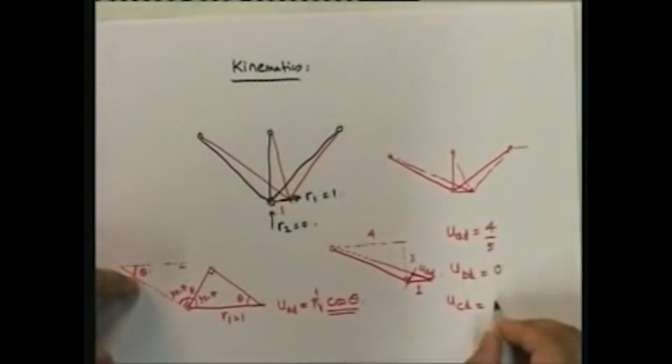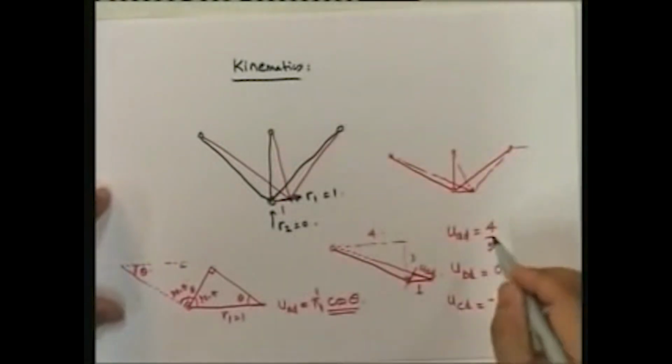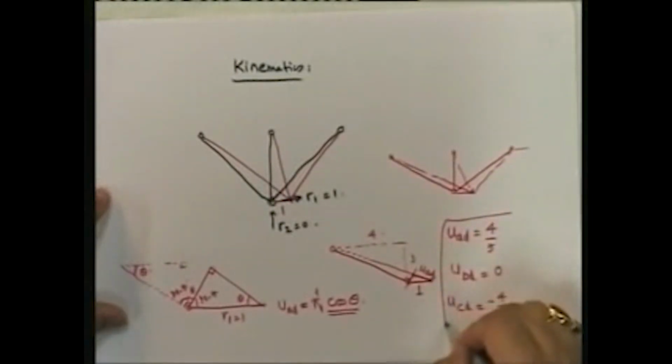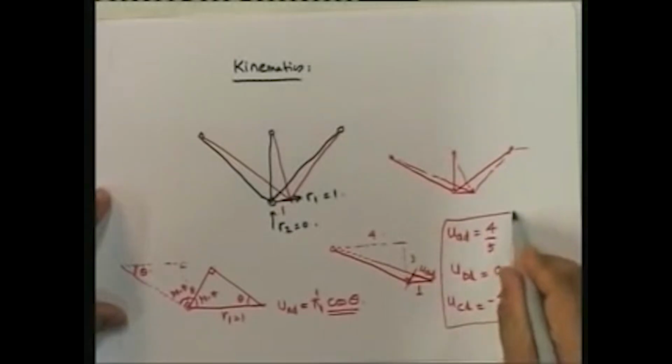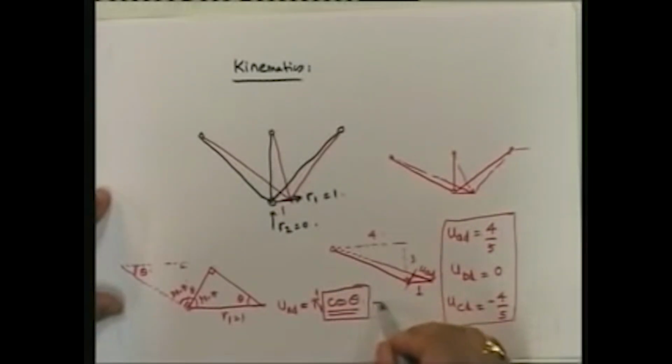So it's going to be shortening, and that is minus 4 by 5. So these are the displacements given in terms of cosine theta.